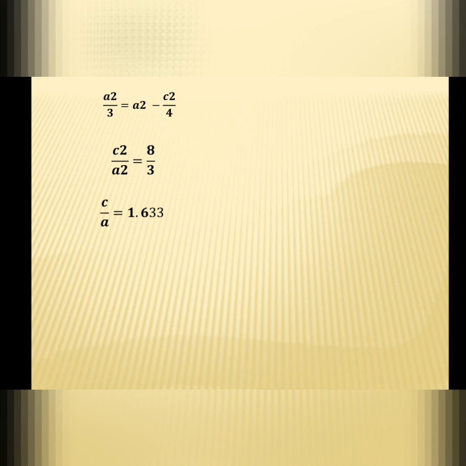Now the equation for packing fraction is 2 pi a divided by 3 root 3 into c. Here the unknown was the value of c by a ratio. Now we get it. The value of c by a ratio is equal to 1.633, and putting this value in the packing fraction equation, we can get packing fraction is equal to 0.74, and converting it into percentage by multiplying it by 100, we can get the packing fraction is equal to 74%.